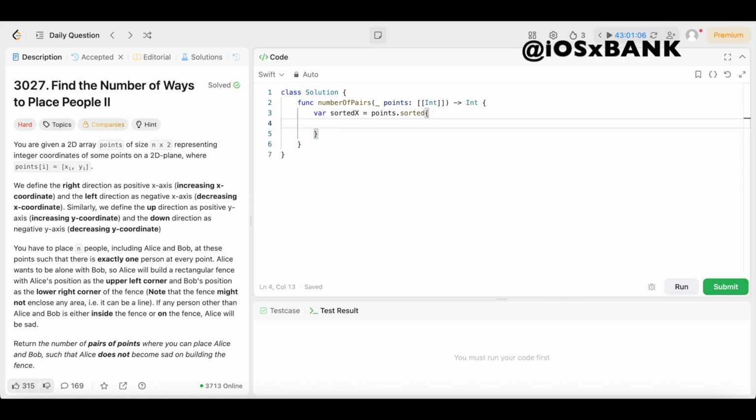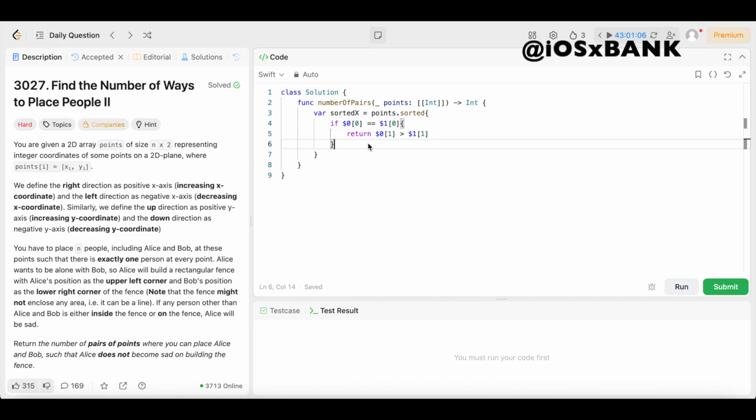We're going to open up the brackets and say if $0[0] equals $1[0], excuse me, this should be a 0, then we're going to open up the brackets and return $0[1] is greater than $1[1].